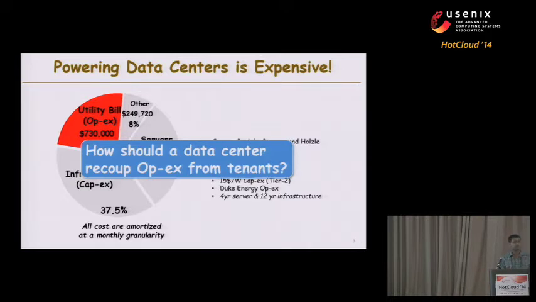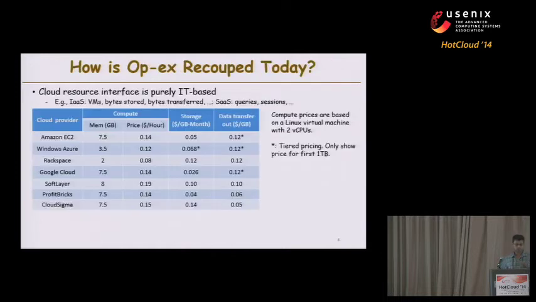So let's first try to develop a simple picture of how this is done today. And then I'll present some arguments about what might be wrong with it. The interface that clouds present today to their tenants is basically purely IT based. If it's an infrastructure as a service cloud, it sells virtual machines or storage capacity in the unit of bytes or IO bandwidth in the units of bytes per second perhaps.